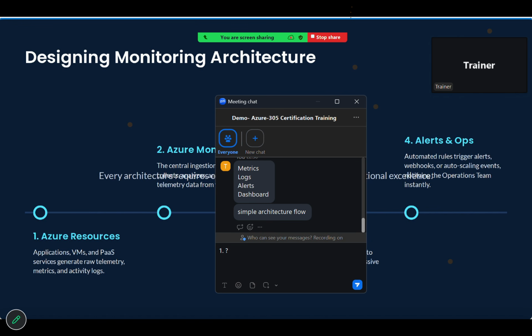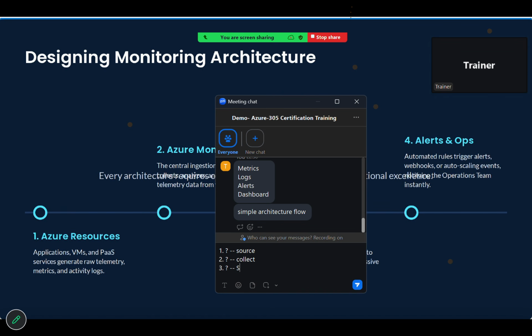It will be your source. The source, okay. What will be second? Second will be collect the data. Collect. What will be third?